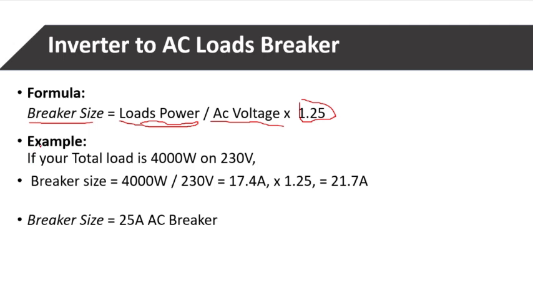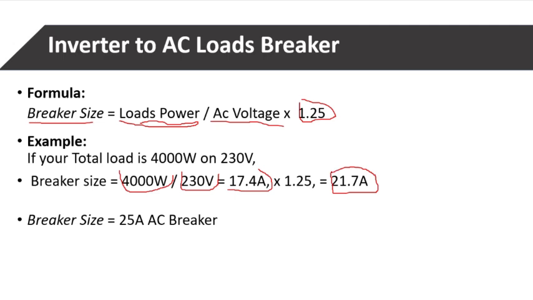For this example, if your load is 4,000 watts on 230 volts, you divide the total load, 4,000 watts, by the voltage, 230, and it will give you 17.4 amps. Now if you multiply it by 1.25, it will give you 21.7 amps.